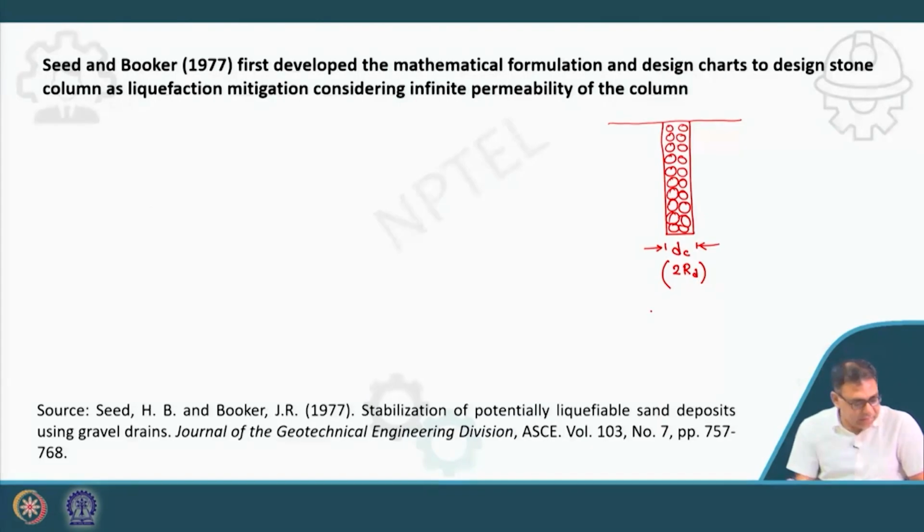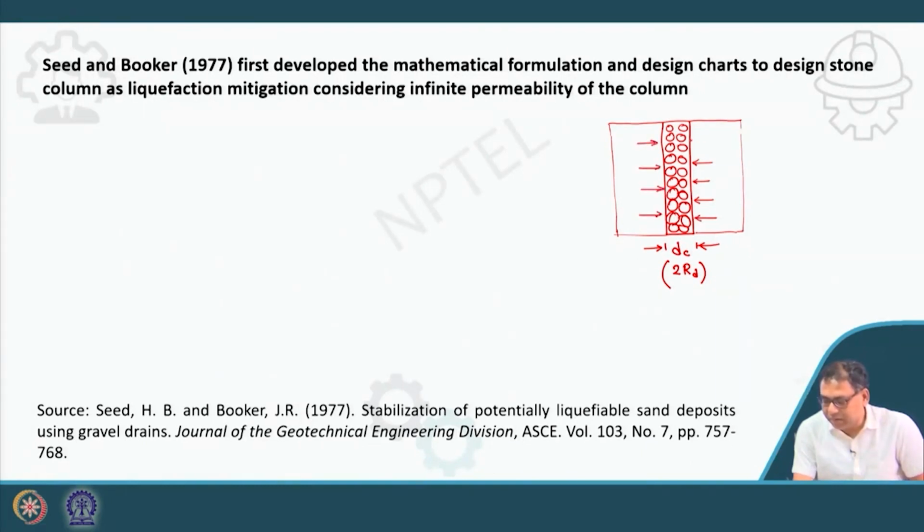And then there is an influence zone. Suppose I draw a vertical cross section, there will be an influence zone. The soil water in this influence zone goes radially to the column.